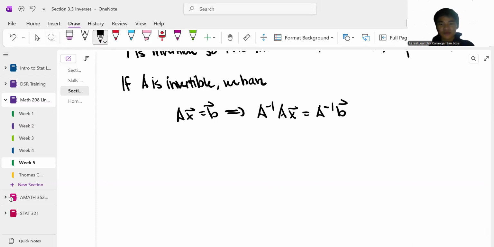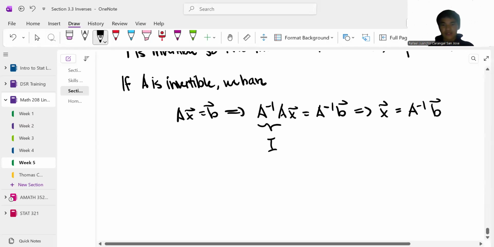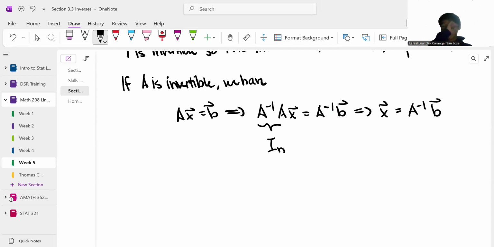This is right. Then x is the inverse of A times b, because A inverse times A turns out to just be the identity I_n. And the identity times its own vector is still that same vector. And so we get this idea.